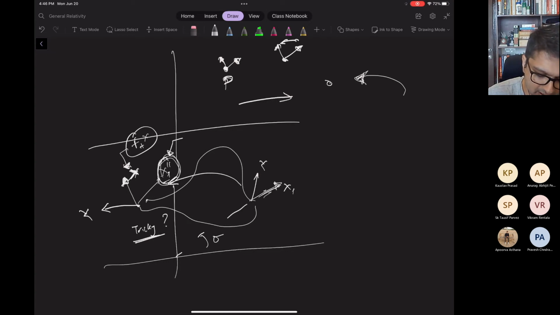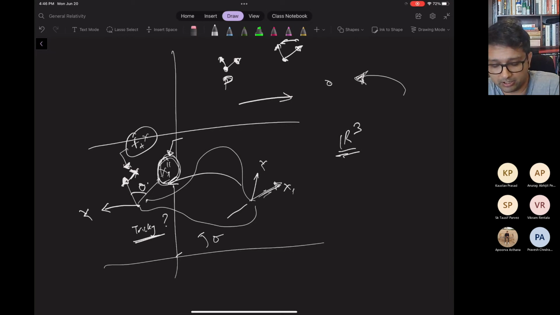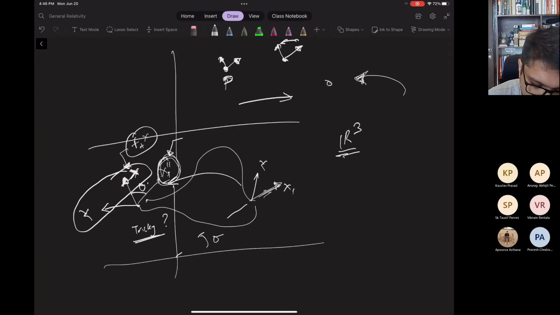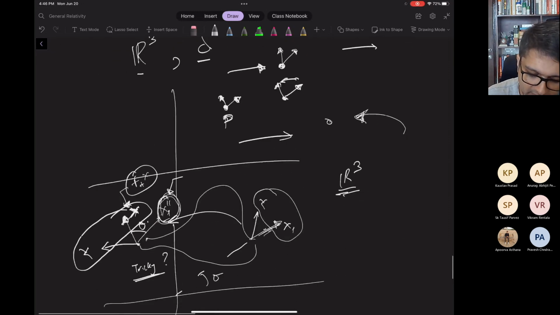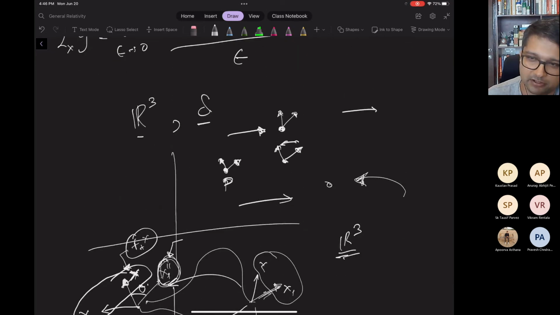So this comparison of saying that this x is rotated only works in flat space. In general, the important point is that the dot product of x and y is preserved under rotations. So rotational killing vector fields give you killing vectors on R3.